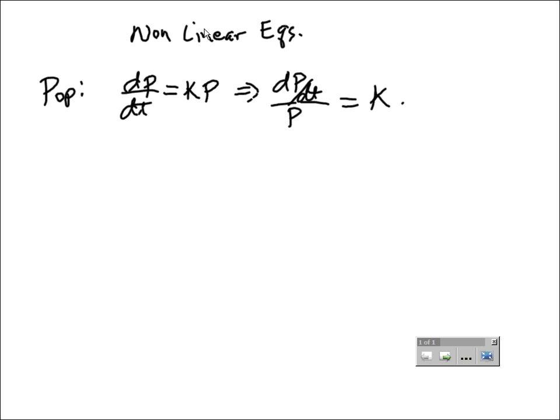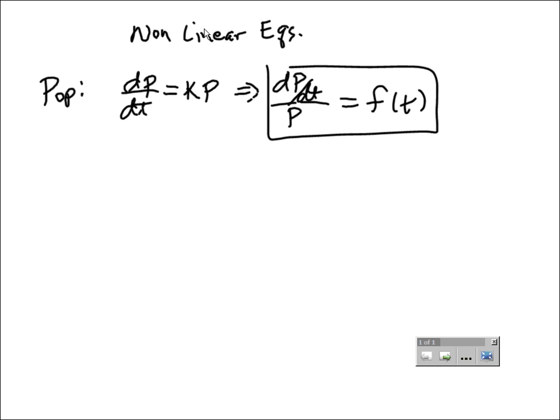So suppose that k is not a constant, but it is some function of time. Let's call it f of t. It is some function of time. With respect to this equation, we multiply both sides by p.